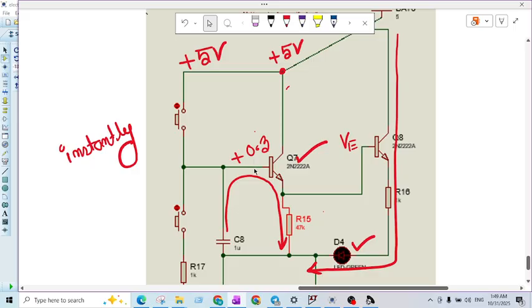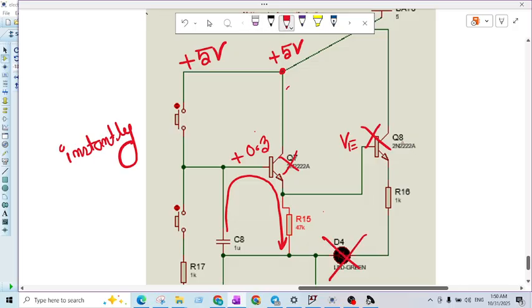That means this voltage is not enough to turn on this transistor, so this transistor will turn off, and this transistor will make the other transistor turn off, so no current will flow through this LED, and this LED will turn off.